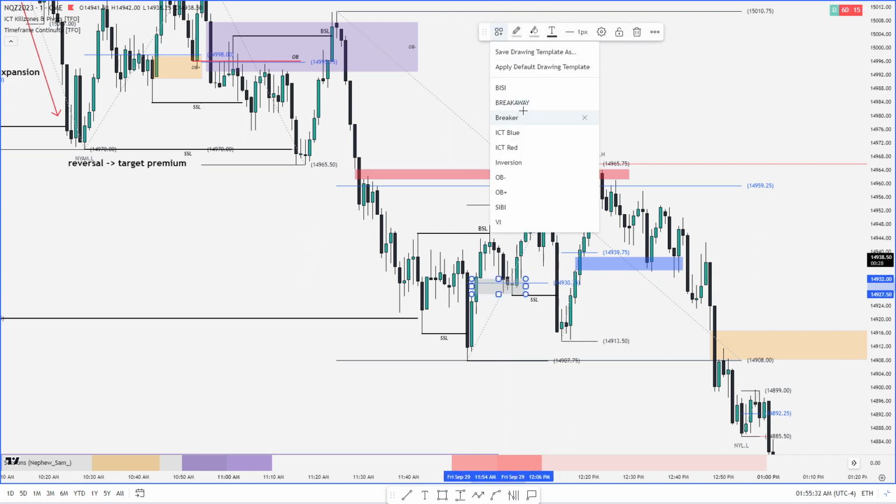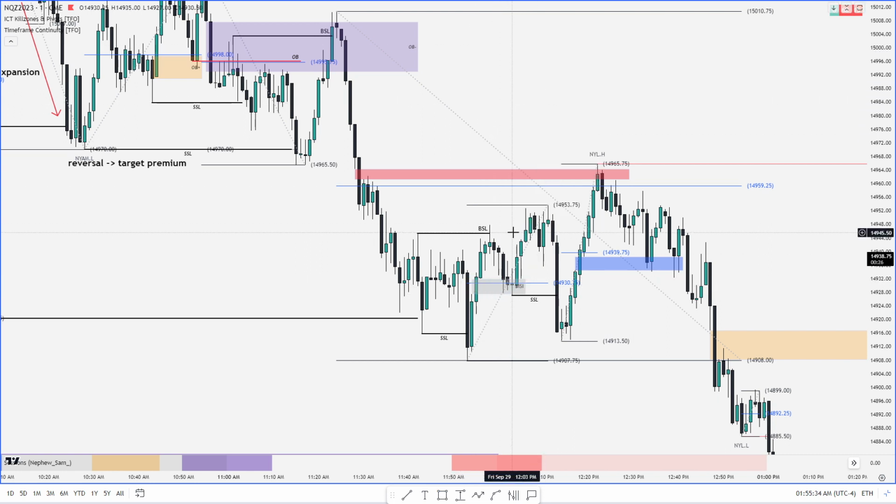Discount. Back into discount. What do we do after the retracement? Expand away. Expand, right? Which is this expansion into the order block.